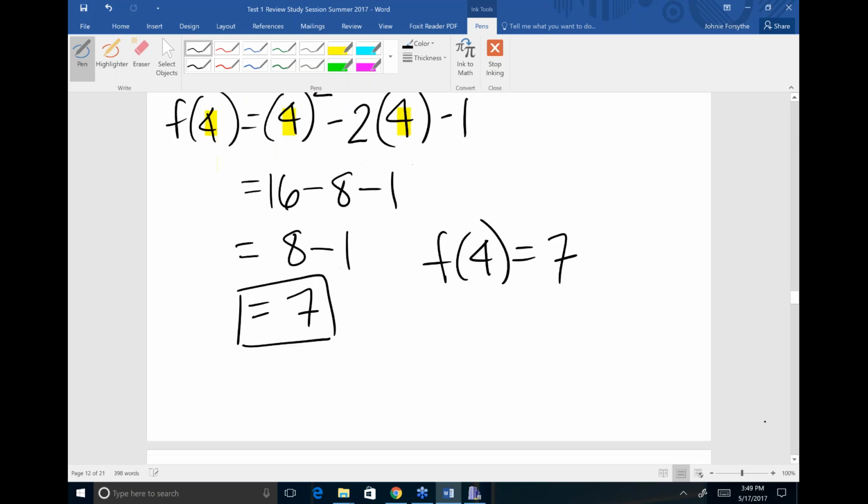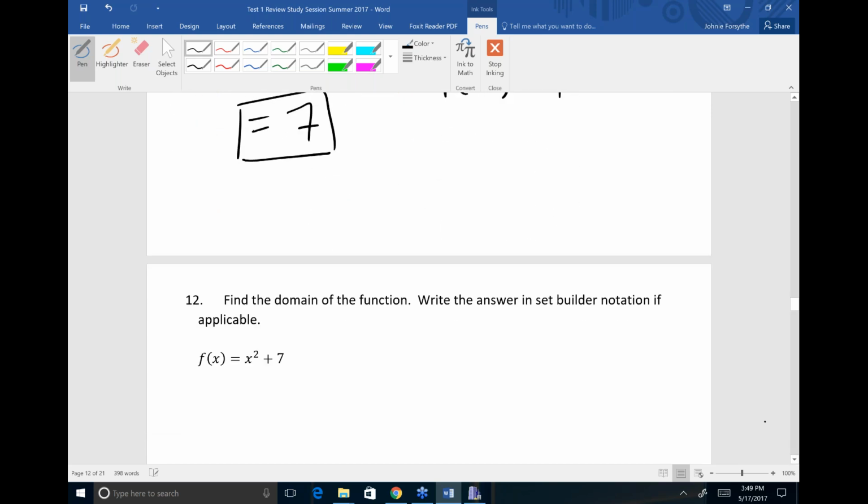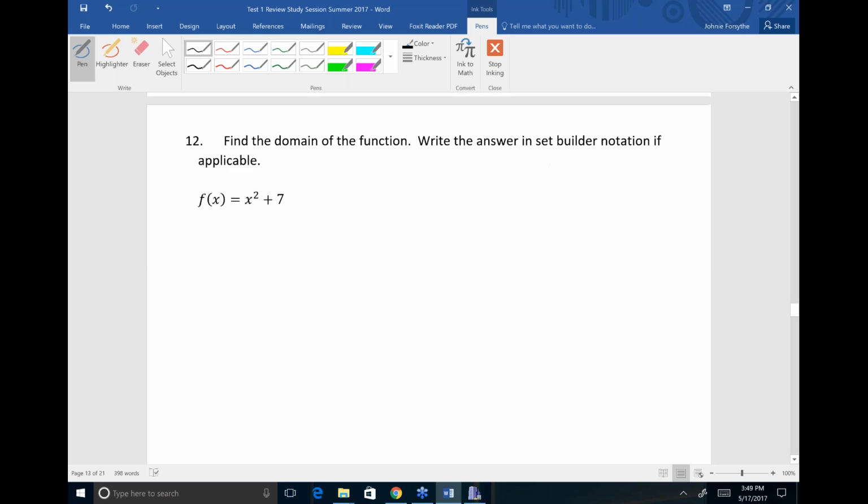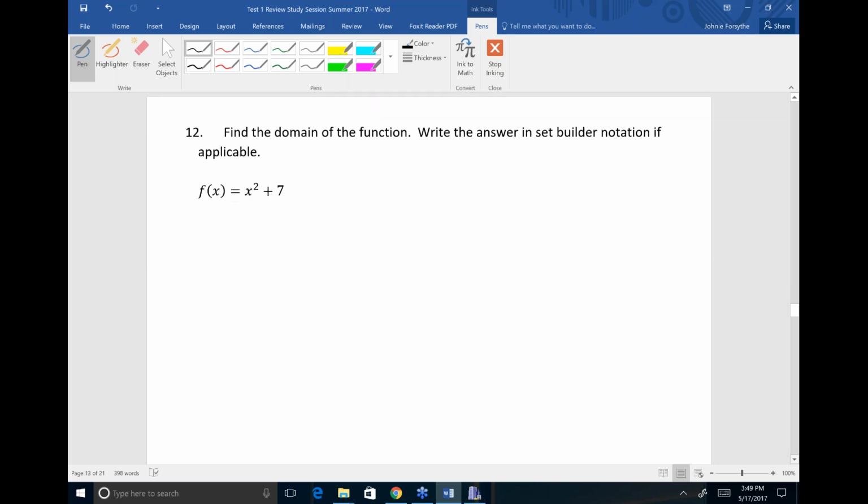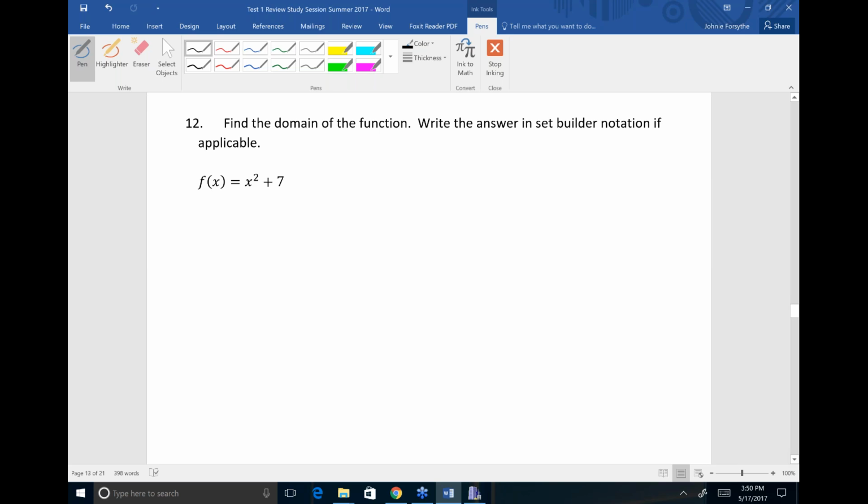All right. Find the domain of the function. Write the answer in set builder notation. I feel like I'm just going to teach real quick domain. So in this class, you're going to have two scenarios to check for that would make your domain not be all real numbers.